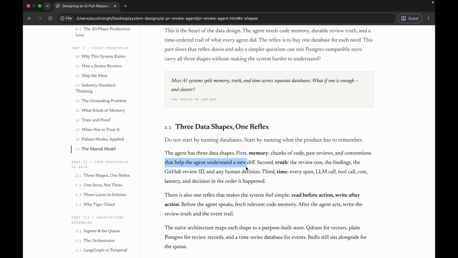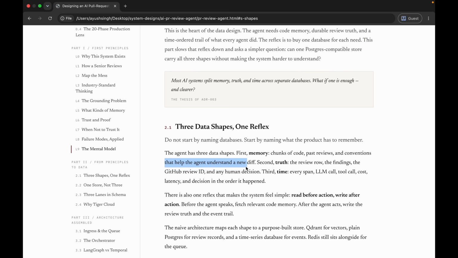Let's say a new PR is made and it has some code. It wants to pull out all the related code from your repository. It needs to take out all the past reviews or conventions which might be related to that. We can really call that searching for the right memory from your vector database.